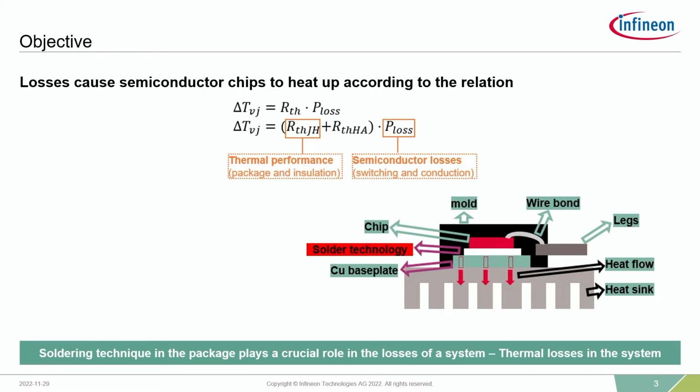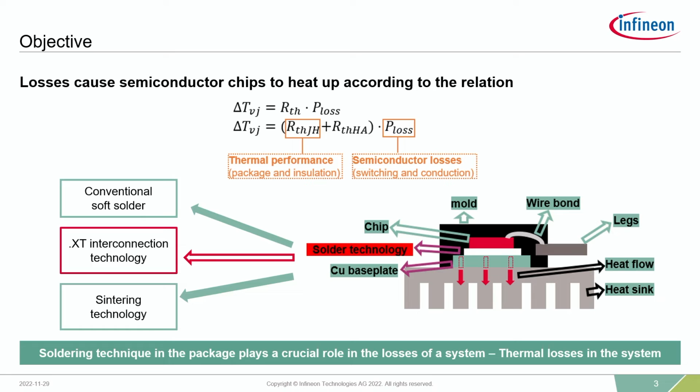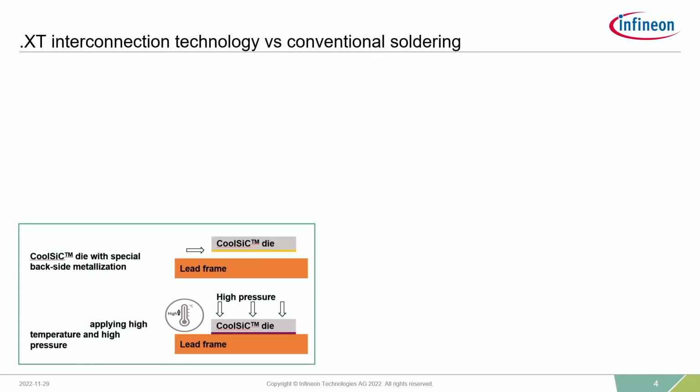So what are the solder techniques under consideration? There is conventional soft solder, the sintering technique, and our main topic, .XT interconnection technology. Let's have a look at the .XT interconnection technology and its benefits in the following slides. Infineon's .XT interconnection technology uses a diffusion solder process.